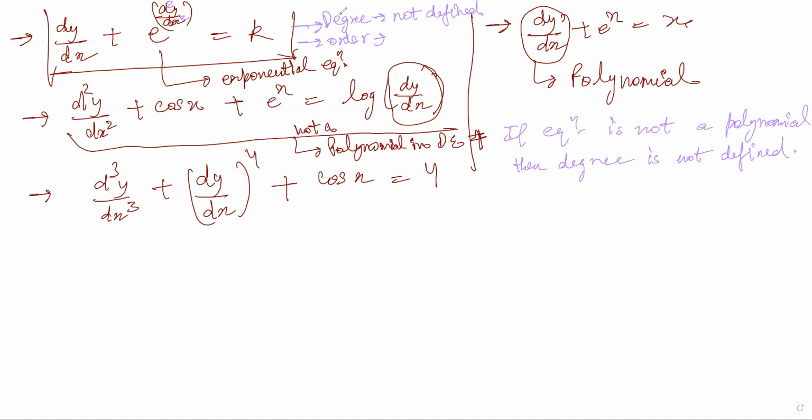If the equation is not a polynomial, degree can't be defined, but order can be defined every time. If we have used both dy by dx and d2y by dx square, the order is 2, because the highest order derivative used is 2. So degree is not defined and order is 2.